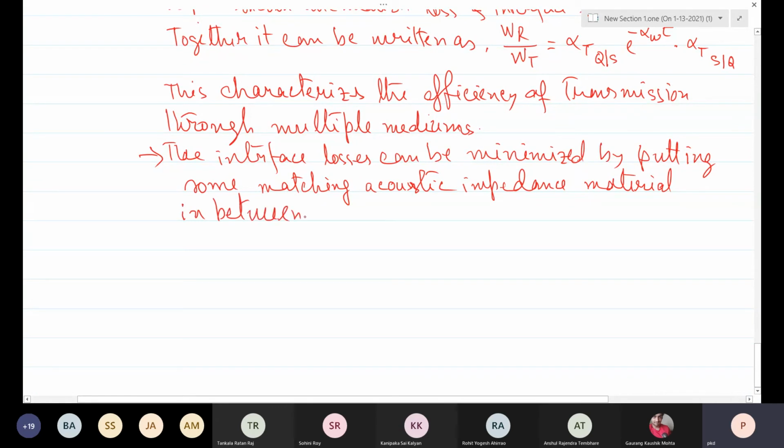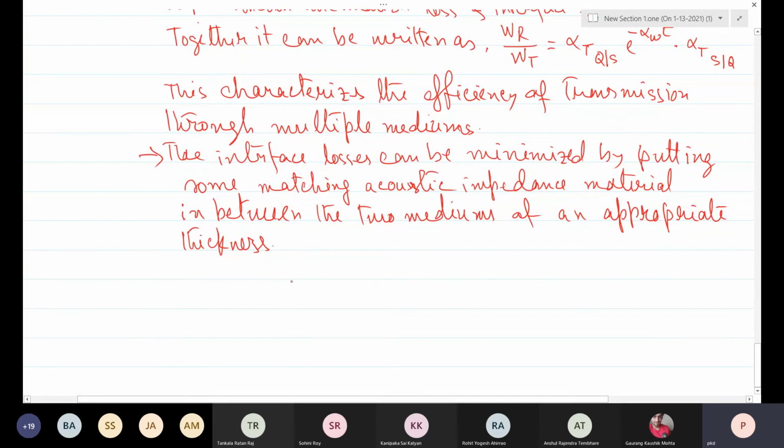This is again in between the two mediums, of an appropriate thickness. So both these need to be maintained: the thickness of that matching material and also the impedance.